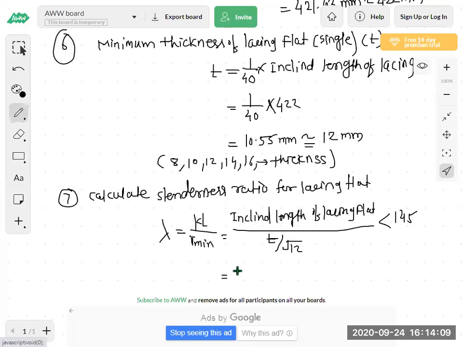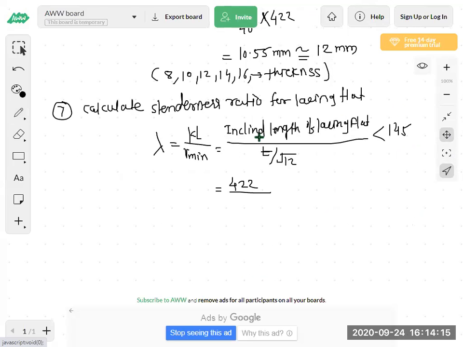So inclined length, how much inclined length? 420 divided by t, thickness is 12, 12 divided by under root of 12. So how much slenderness ratio?